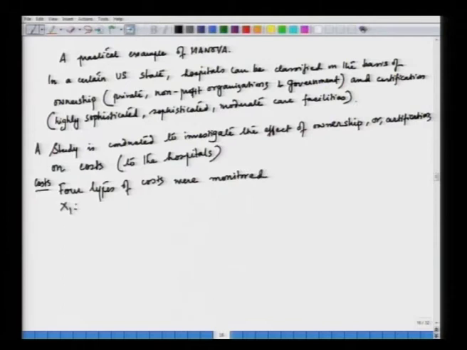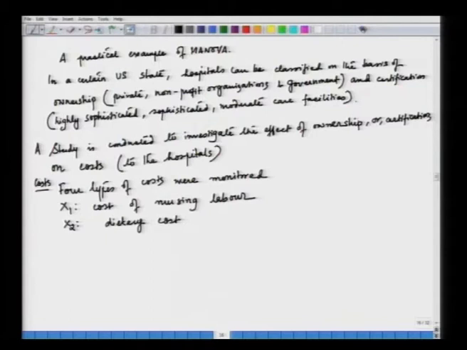The first one is the costs of nursing labor. The second one is the dietary costs, how much each hospital is spending on these aspects.